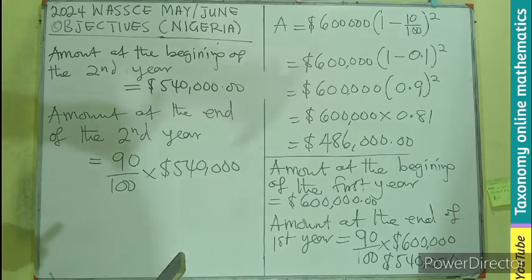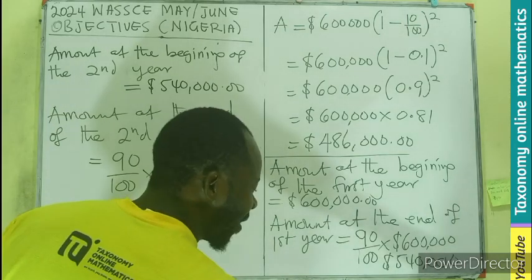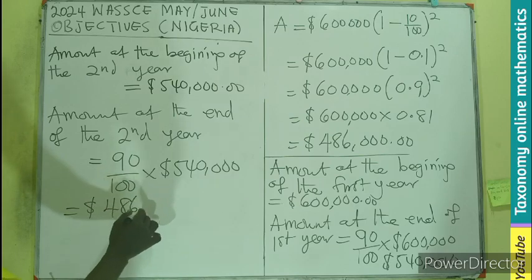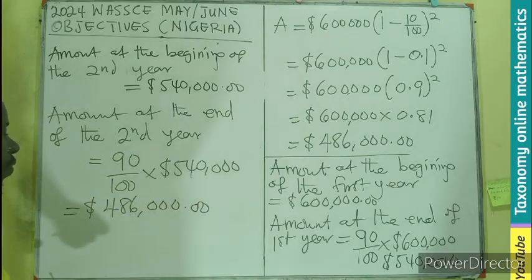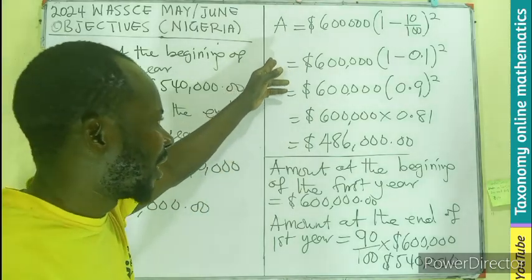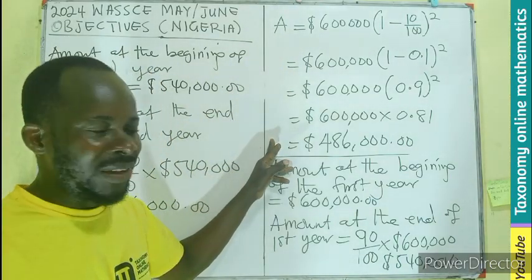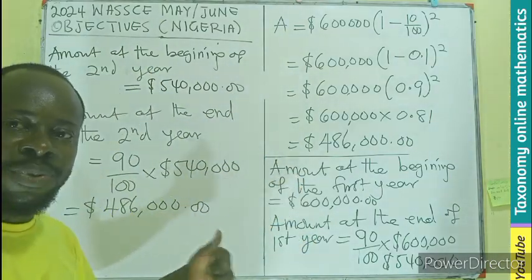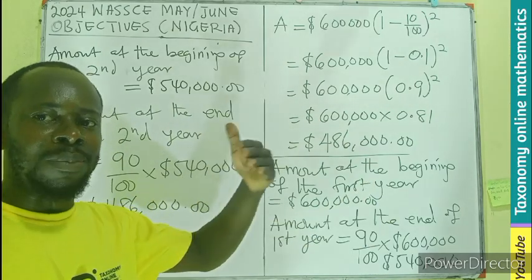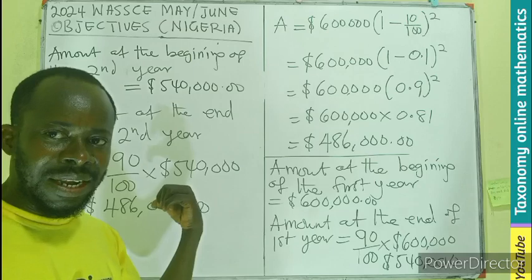Let's multiply that and see: 90 divided by 100 times 540,000, and that gives us the same amount, $486,000. So we can either use the formula directly to arrive at the answer, or we calculate the depreciation of the value each year, how the price is depreciating with the percentage.